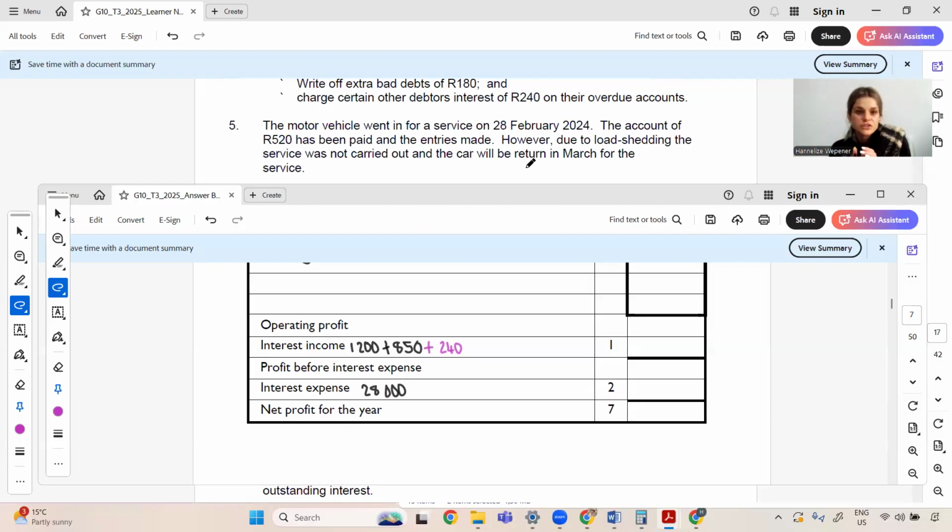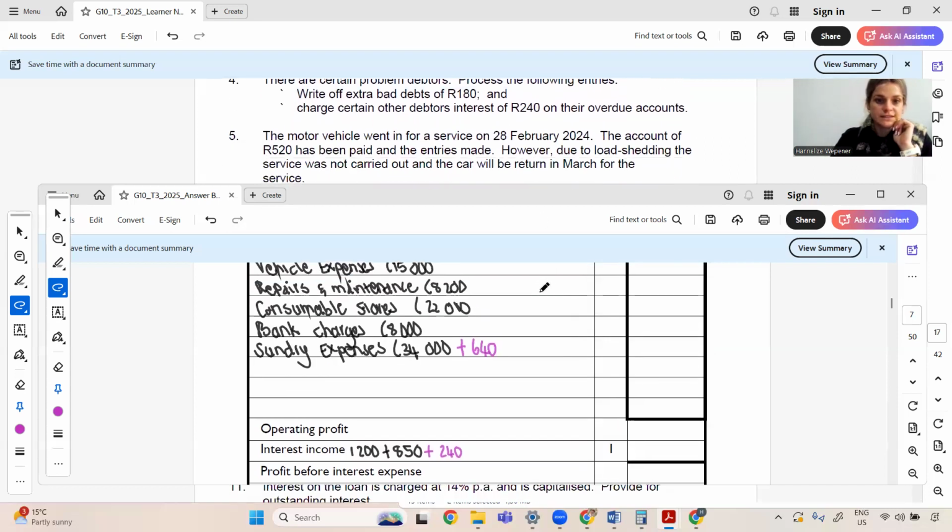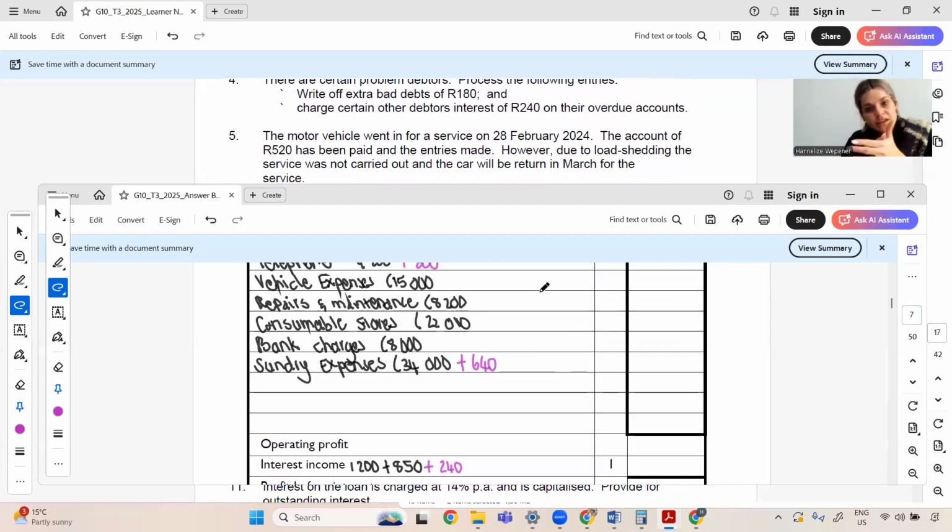However, due to load shedding, the service was not carried out and the car will be returned in March for the service. So in other words, you said in Feb, I had a motor vehicle expense. Oopsie. Because you then said debit motor vehicle expense 520 Rand, and then credit bank because I've made the payment. They are now saying, no, the repairs were actually not done.